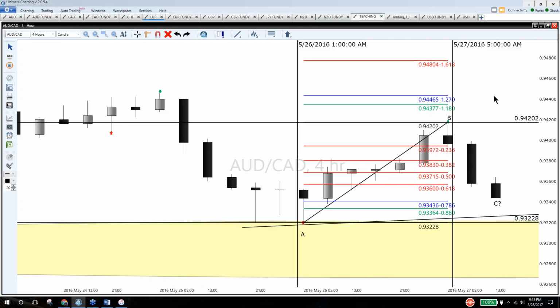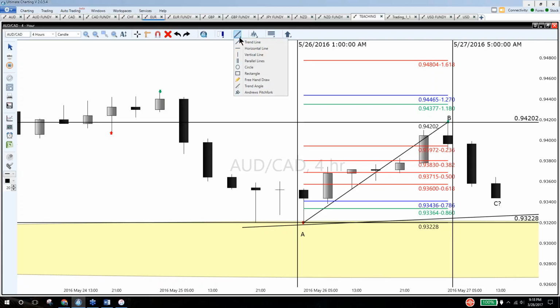And George has already given me a projection for the 1.27. Now, George, I'm glad you mentioned that. Because if we take a look, your Fibonacci levels not only give you a number as far as what Fibonacci level it is, or what percentage retracement it is. Because from A to B, that's your 0 to 100.